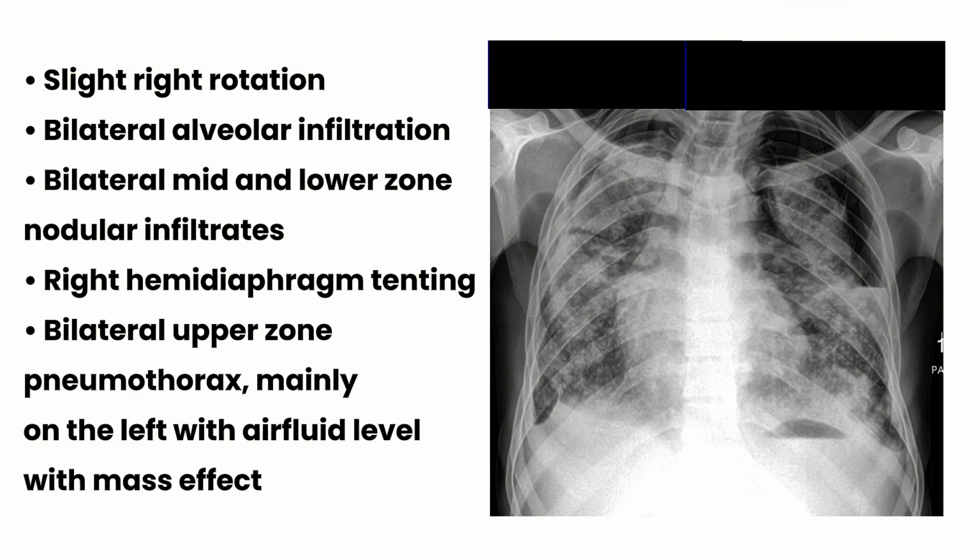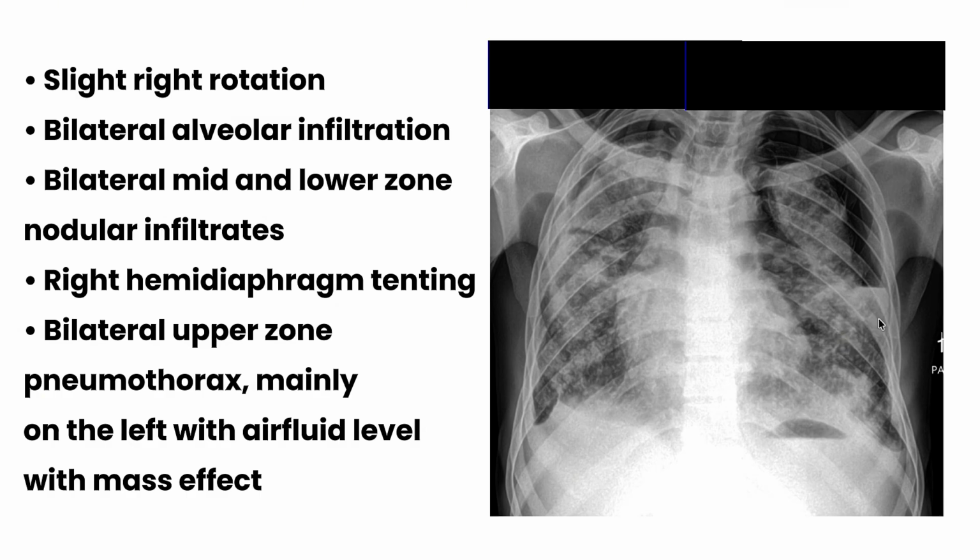And then, of course, quickly you note that there are those bilateral alveolar infiltrates. This is what I'm referring to. You also note that there are bilateral mid and lower zone nodular infiltrates. These are the ones that I'm referring to, those ones there. And I think everyone here can note them.